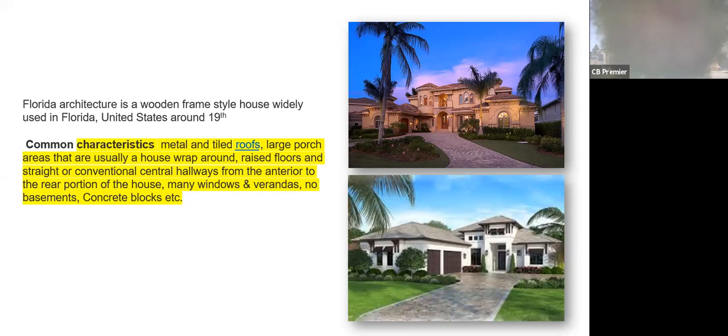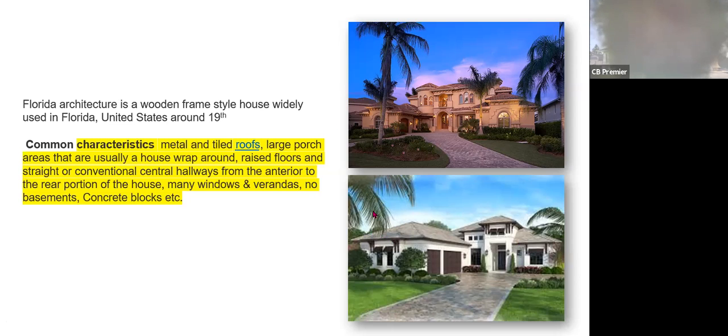It's not symmetrical. They're gonna incorporate different shapes. Like you'll notice down here, it's a Florida style, but it's not symmetrical, and it wraps around. So the house isn't just either width or deep.